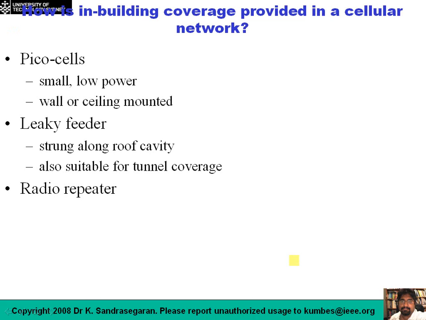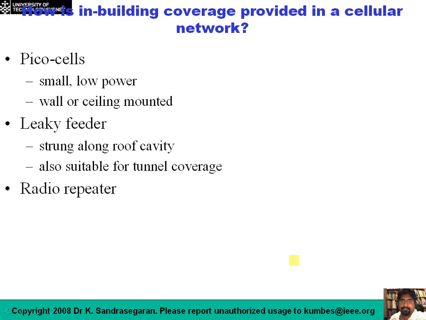Okay, now you can also go further down to picocells. So from macrocells to microcells to picocells, which are even smaller. These could be much smaller, lower power cell sites, either wall or ceiling mounted.